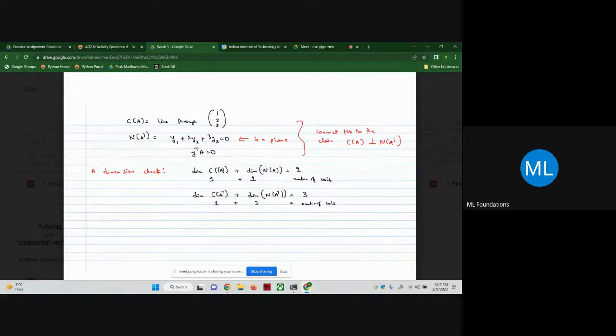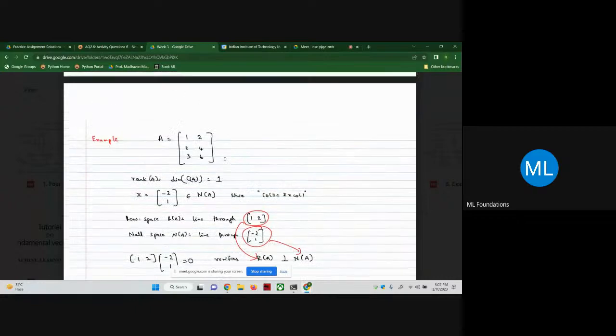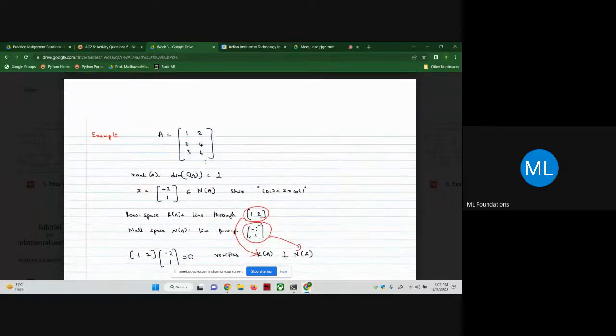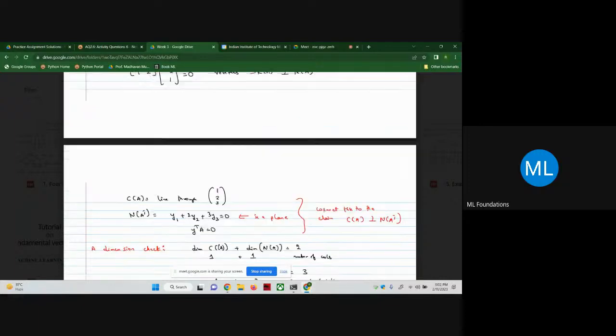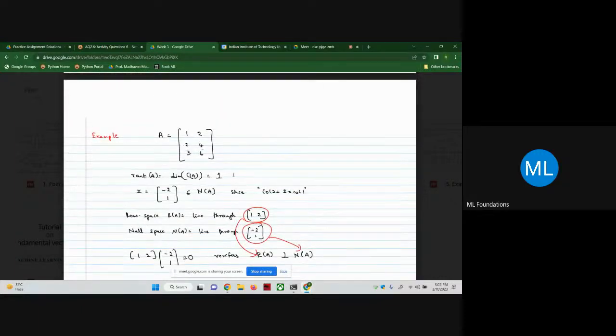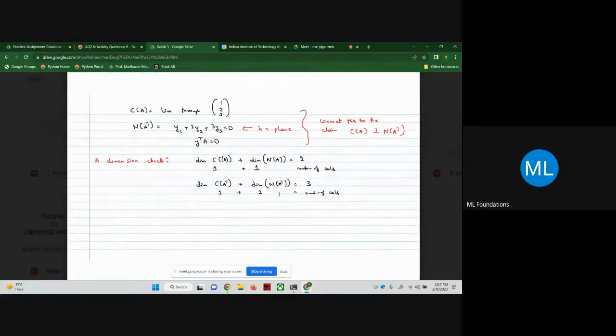The dimension of the column space of A plus the null space of A should be equal to the number of columns. In this particular case, the number of columns is 2, so that was checked. And then the dimension of the column space of A transpose plus the dimension of the null space of A transpose should be equal to the number of rows, which is 3. So that was also checked there.